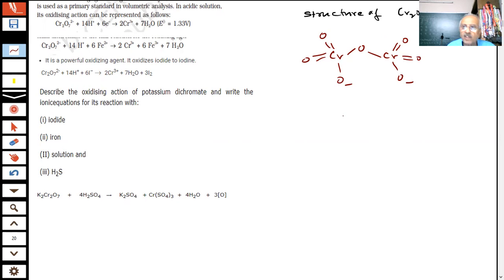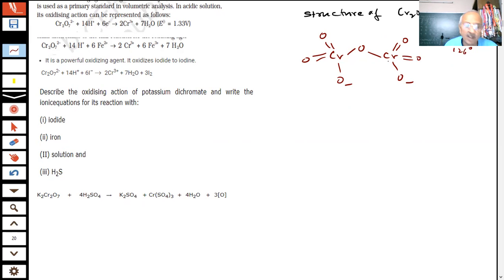There will again be resonating possible structures in this case also, because the chromium oxygen chromium bond angle has been found to be 126 degrees.